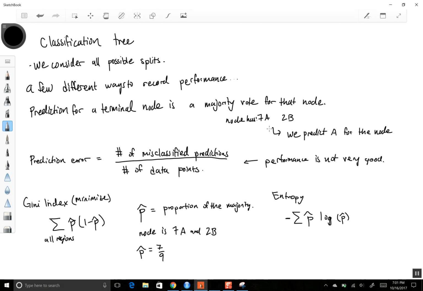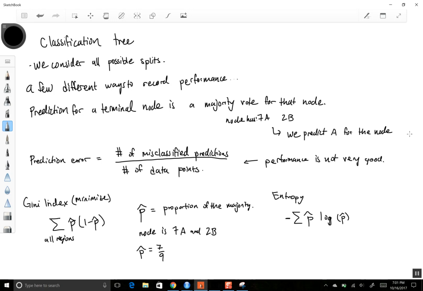But the p hat would be 80%, which means 20% in that category were predicted incorrectly. So you would have a Gini index of 0.8 times 0.2. The entropy would be something else. Does that make sense for the classification tree?